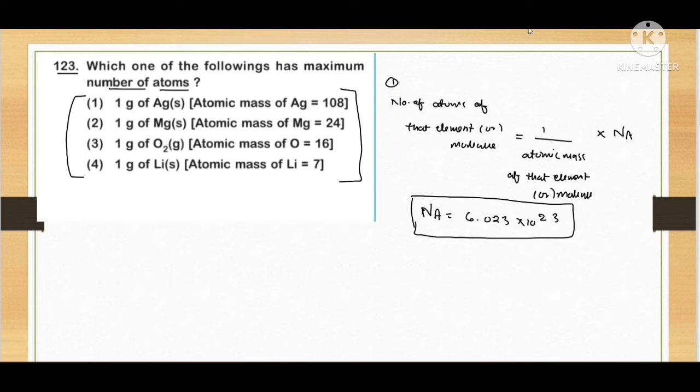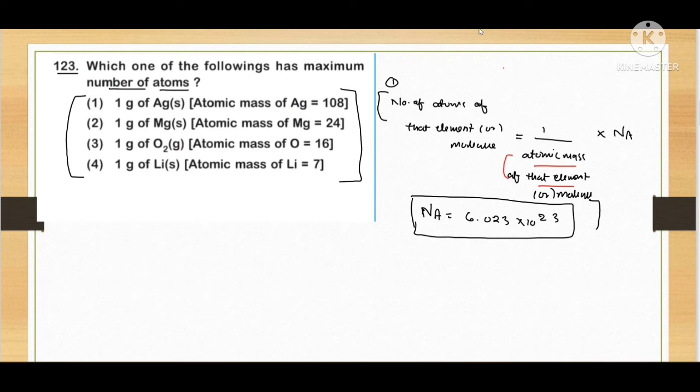Substituting the above given options in the given formula is a lengthy process. That's why here is a simple trick. We observe in the given formula that the number of atoms of that element or molecule is equal to 1 by its atomic mass.